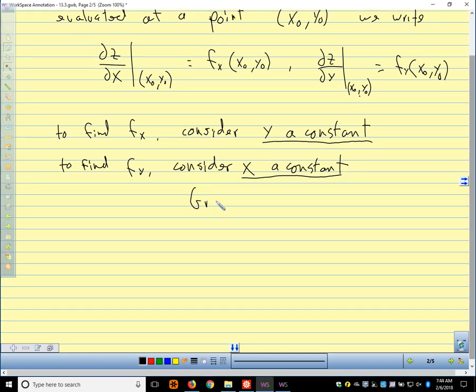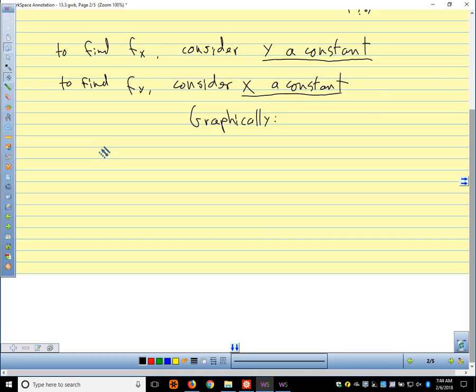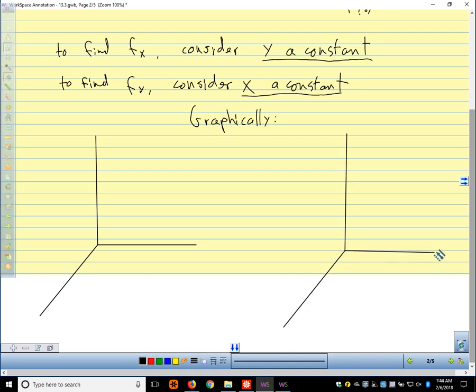Graphically, I'm going to draw a couple of coordinate systems, and we'll talk about what these represent in terms of our functions graphically. So there are coordinate systems.